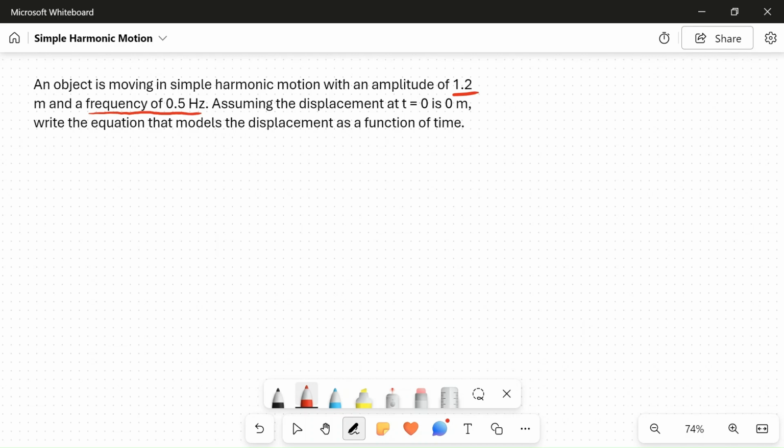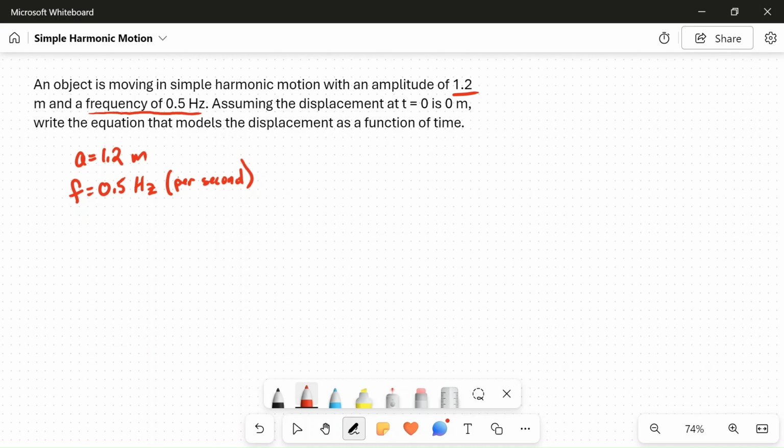We want to write the equation that models this displacement as a function of time. We are told the amplitude is 1.2 meters and the frequency is 0.5 hertz. A hertz is really per second, so it's how many periods we have per second.